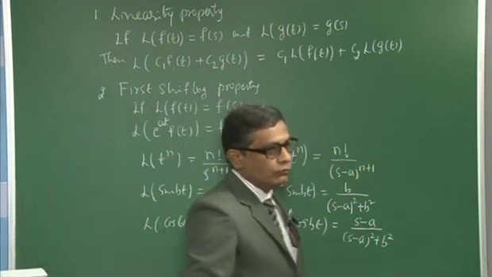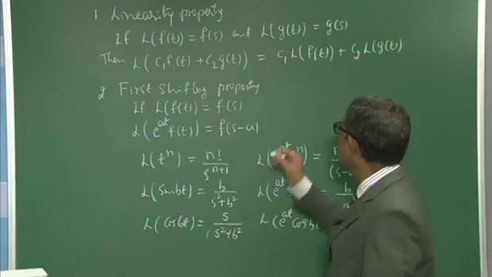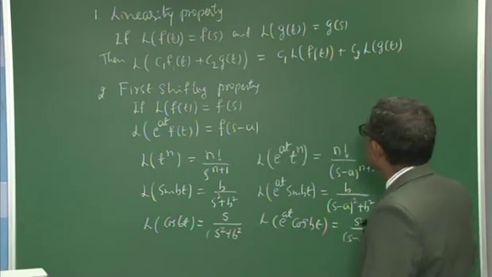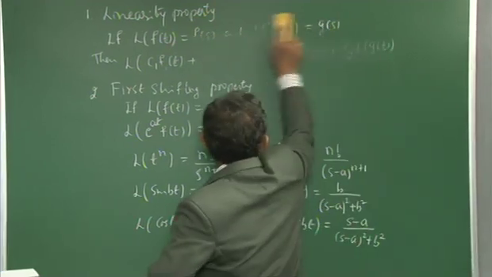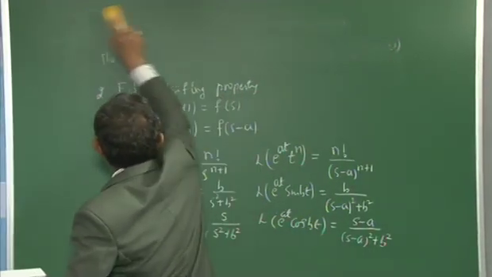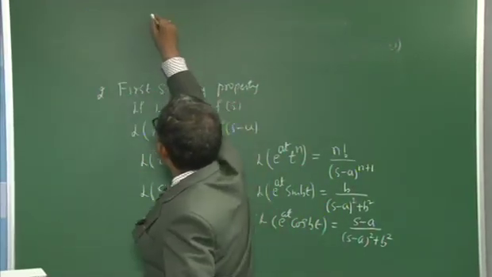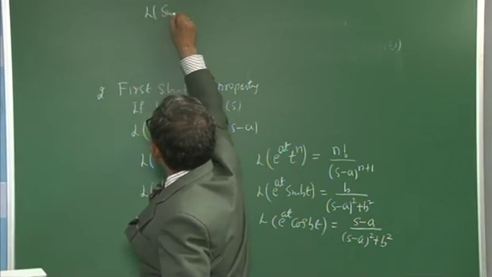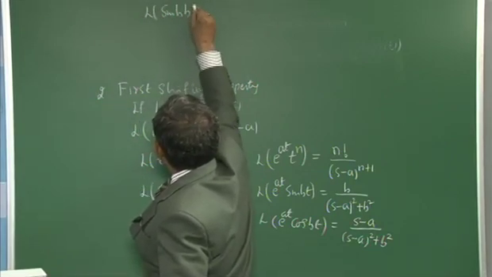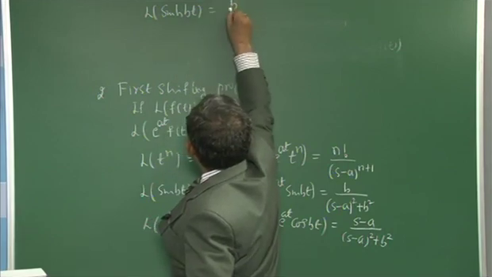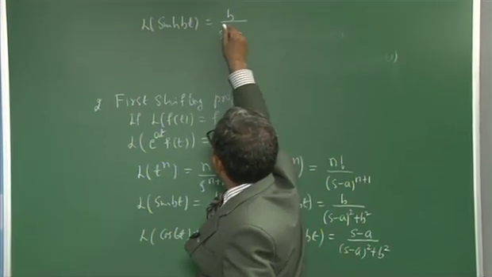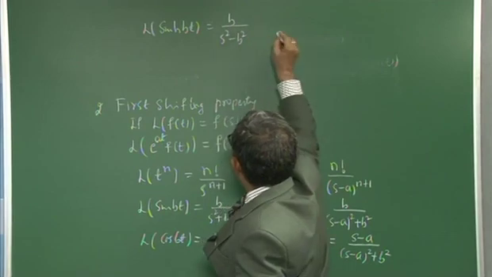Similarly, the fourth one, for the hyperbolic function: if you consider L of sinh bt, this is b divided by s square minus b square.